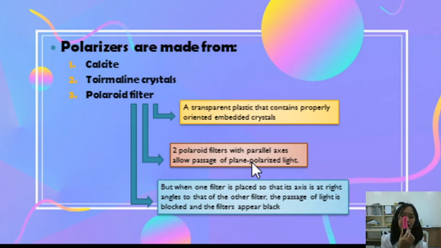Kasi nga, dapat parallel sila para magkaroon ng isang plane. Kapag right angle sila with each other, perpendicular, then there's no passage for your light. Kuha? So, magiging black, the filter will appear black. So, no light will pass through. So, dapat parallel ang iyong dalawang Polaroid filters.